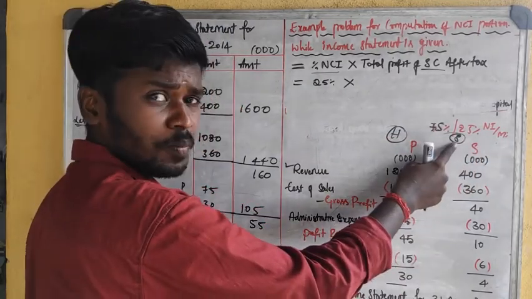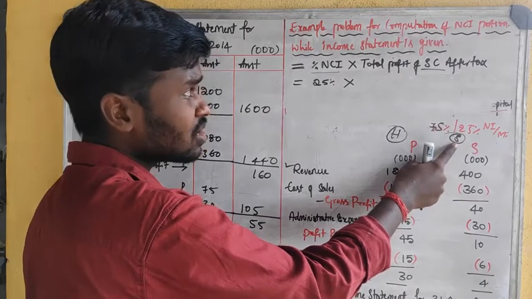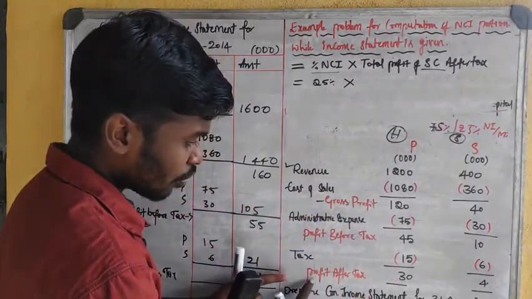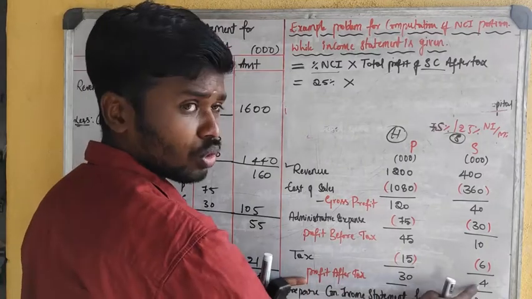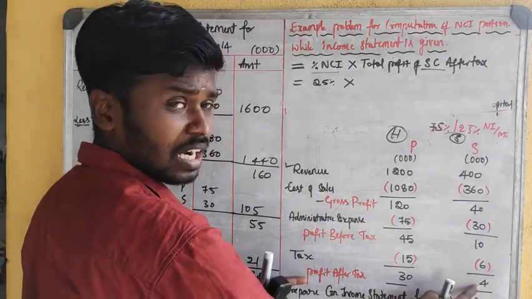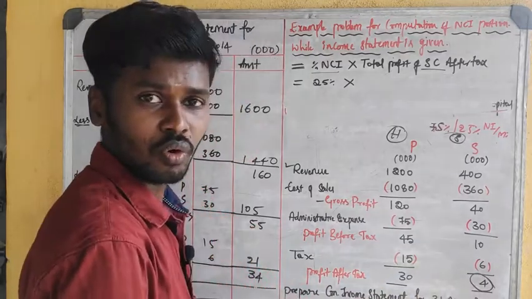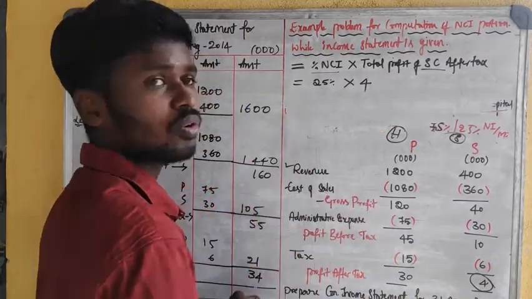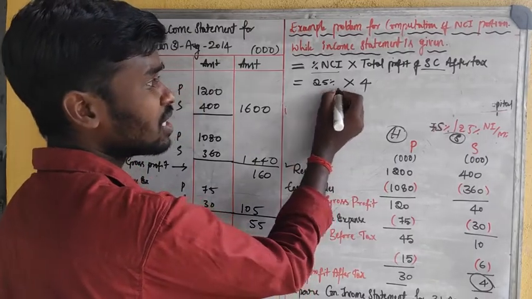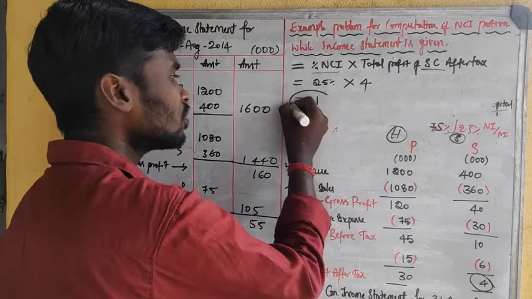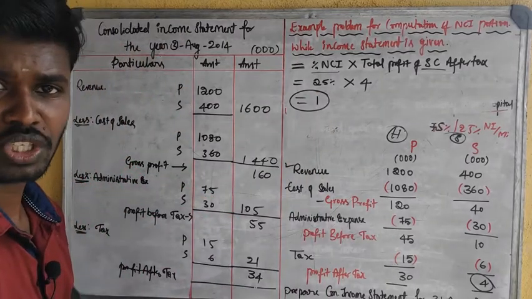We are going to take into consideration the total profit of the subsidiary company after tax. Profit after tax for both companies has been given. So what is the total profit of the subsidiary company after tax? That is 4,000. So 25% into 4, you will get 1,000 is the non-controlling portion.